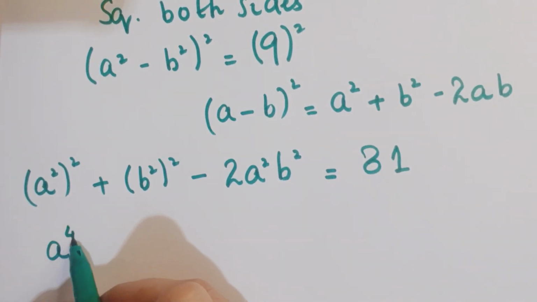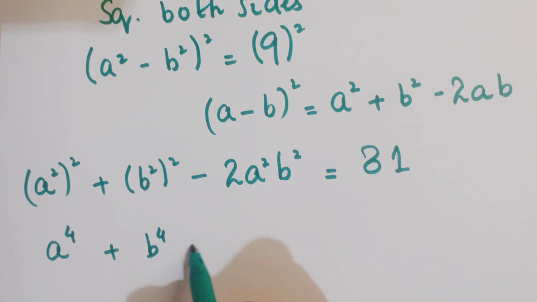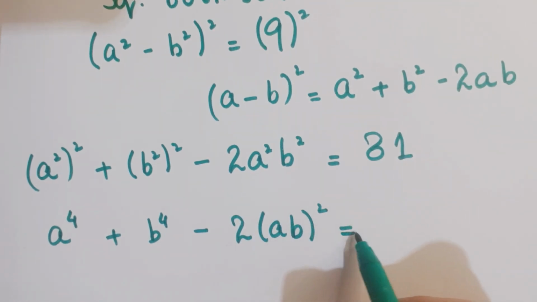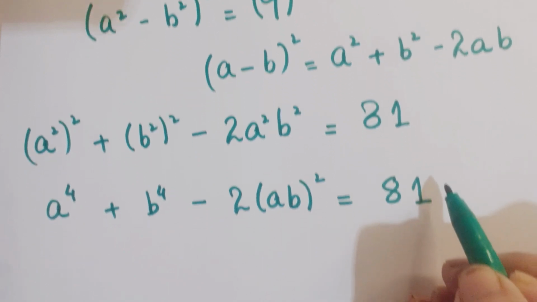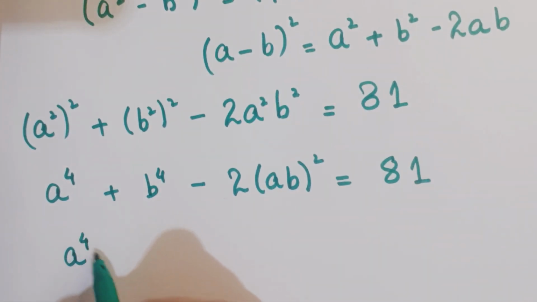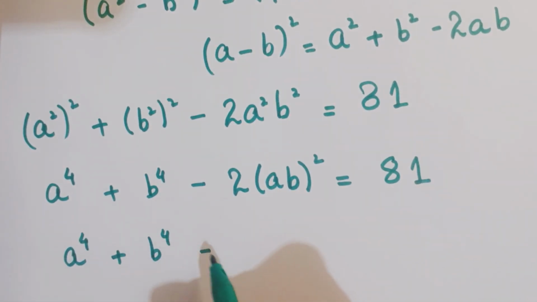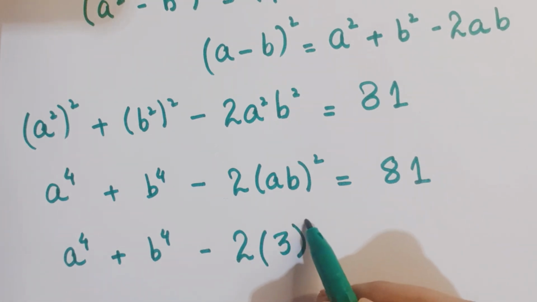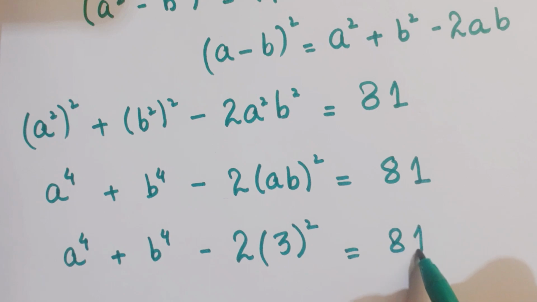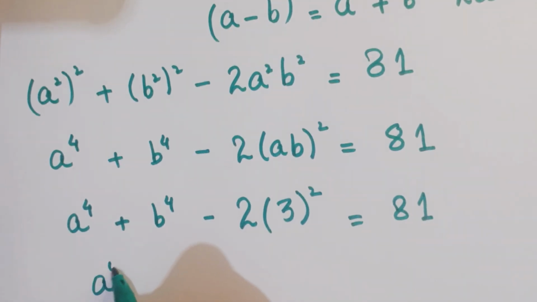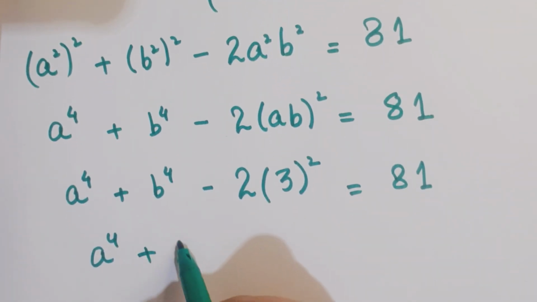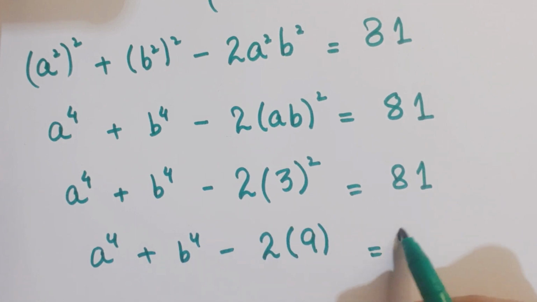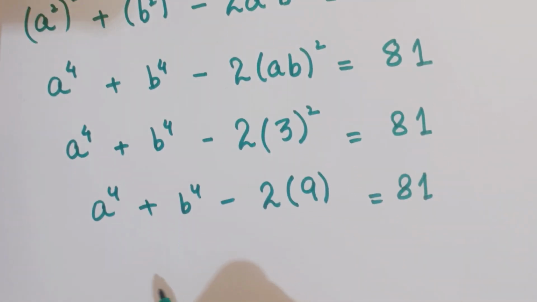Further, you can write this as a to the power 4 plus b to the power 4 minus 2 into (ab) whole square is equal to 81. Now ab has a value equal to 3, so put the value of ab in this equation. So you get a power 4 plus b to the power 4 minus 2 into 9 is equal to 81.